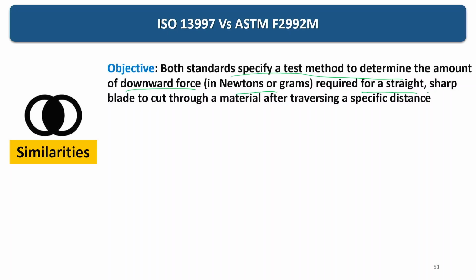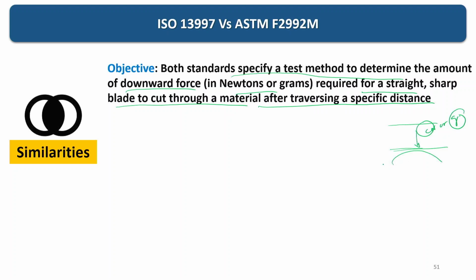So, we want the amount of downward force, in centinewtons or grams, required for a straight sharp blade to cut through a material after traversing a specified distance.